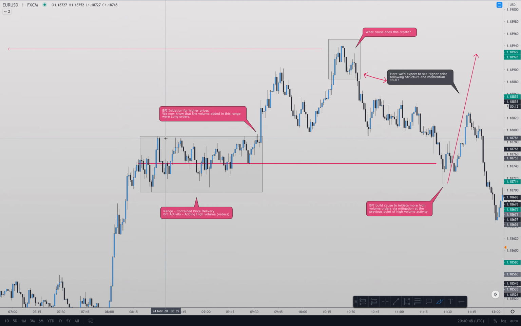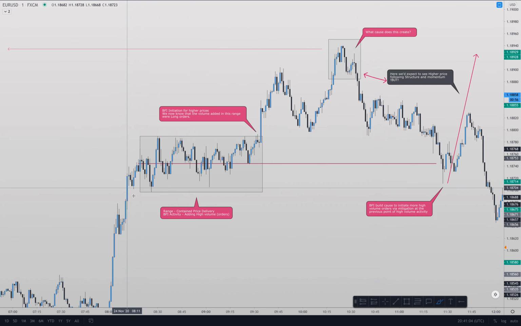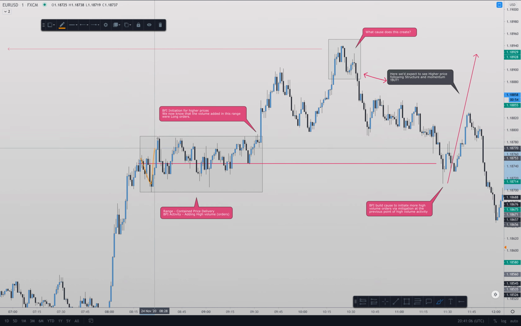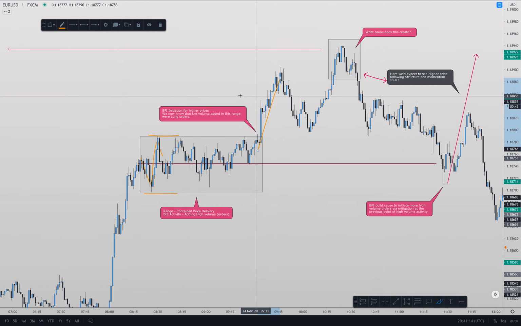I'm not talking about anything special here, just what we have already seen in the markets. For example, here we have price push higher into higher prices, and then we see price be contained within this range, and that's what we see happen here. Price then leaves this range for higher prices.